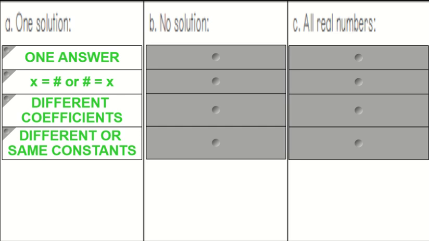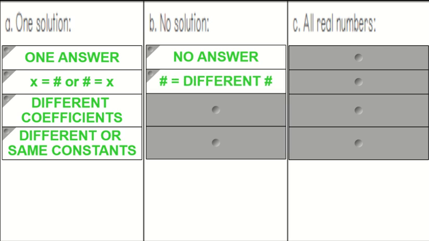No solution then has no answer. Oh, 0 is a number, 0 is an answer, okay? So if you get x equals 0, that doesn't mean no solution. That means x equals 0, okay?